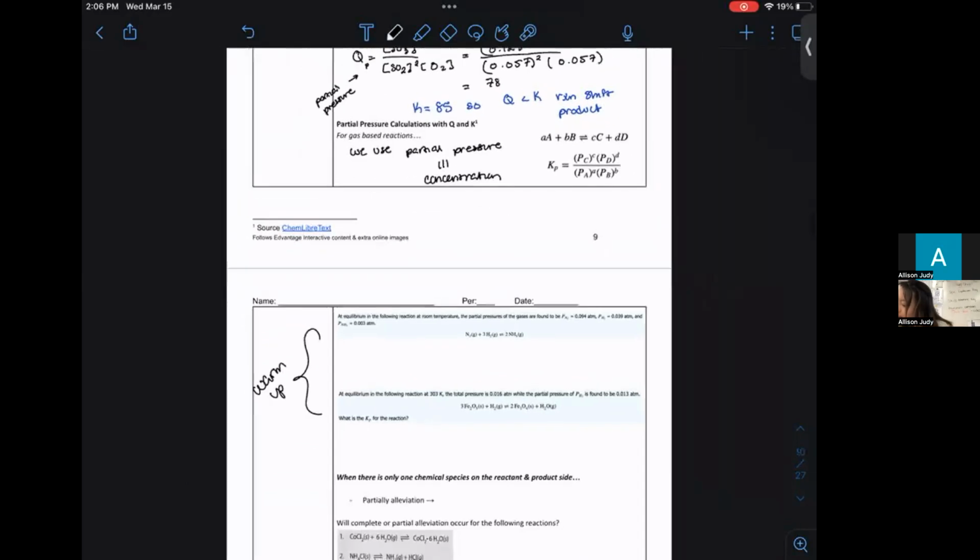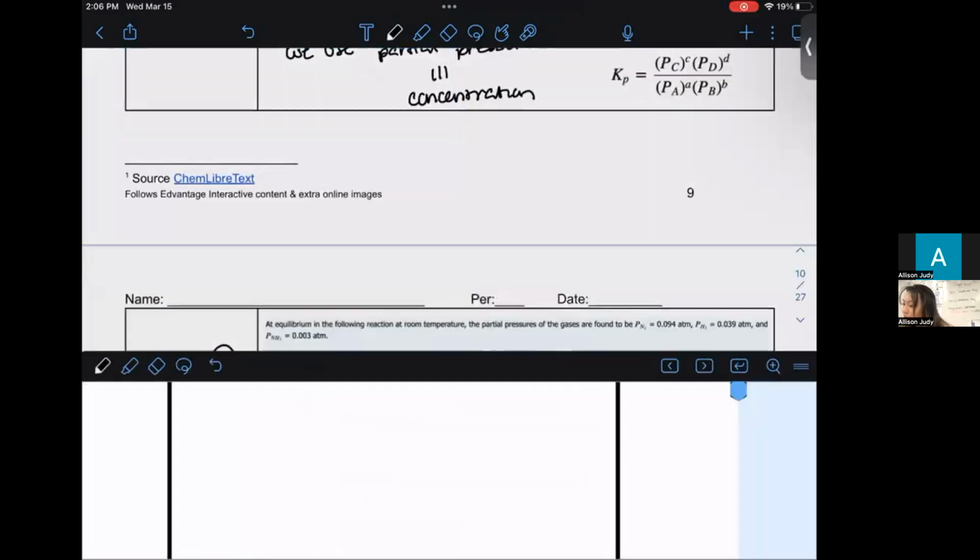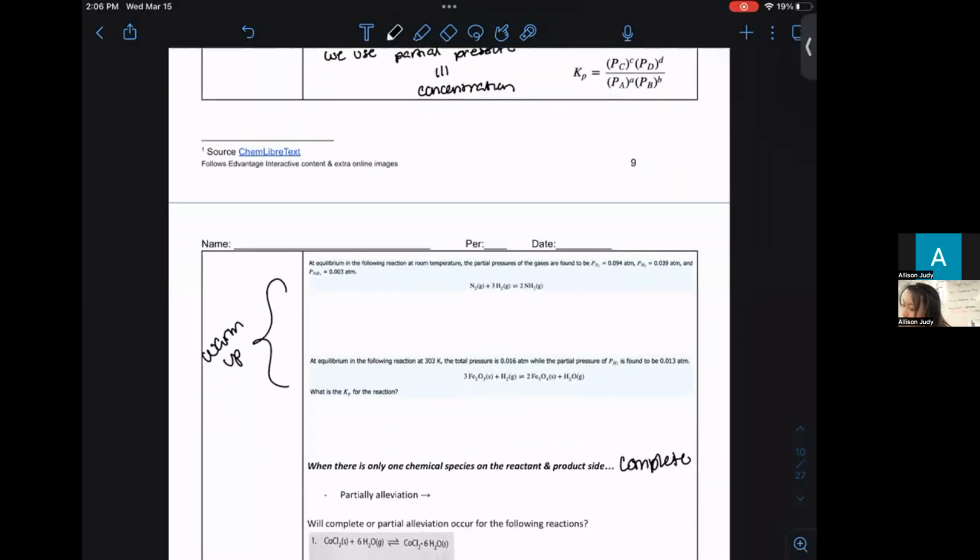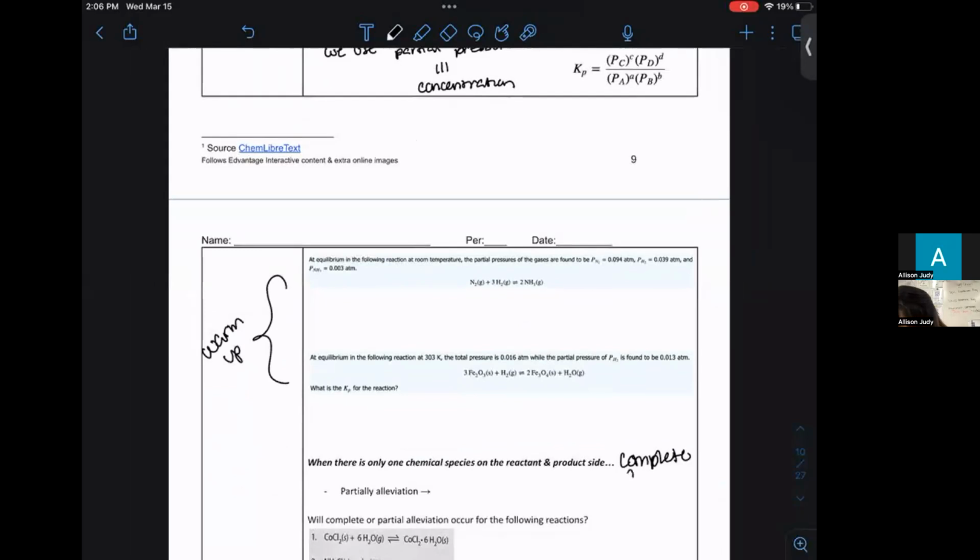All right. When there is only one chemical species on the reactant or product side, we call it complete alleviation because there's literally only one, you either fix it or you don't. If there's one reactant involved, we call it a complete alleviation.